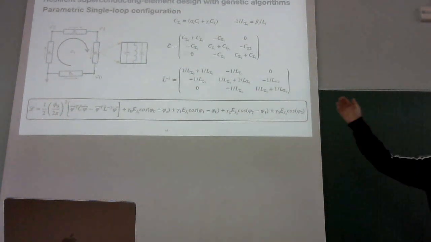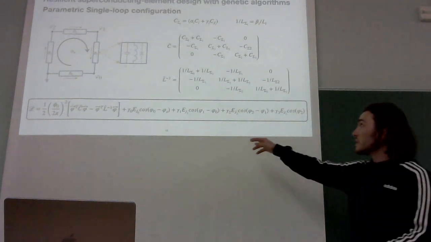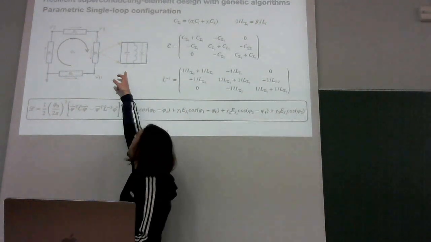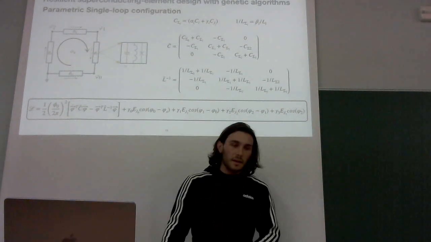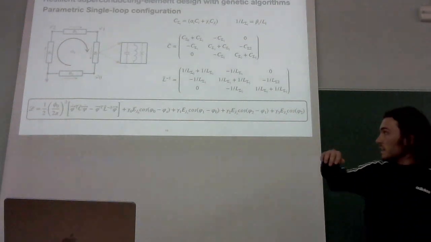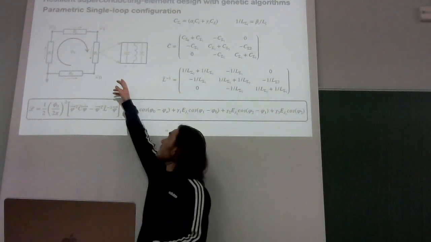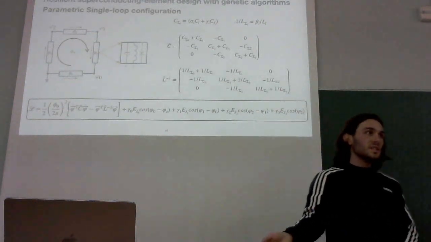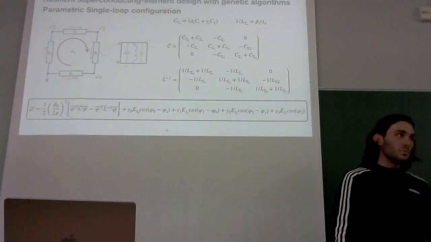The goal here was to build a parametric expression where every component in the branch is multiplied by a parameter. After building all these expressions, if we choose these parameters to be 0 or 1, we can reach every possible configuration of the loop.